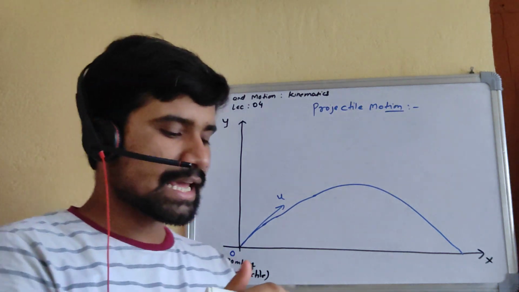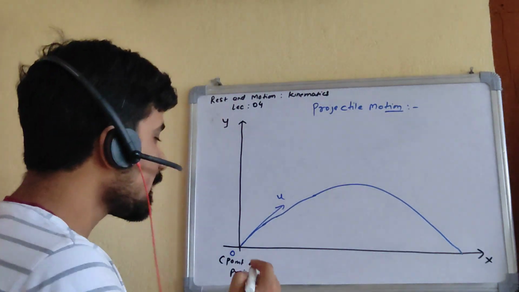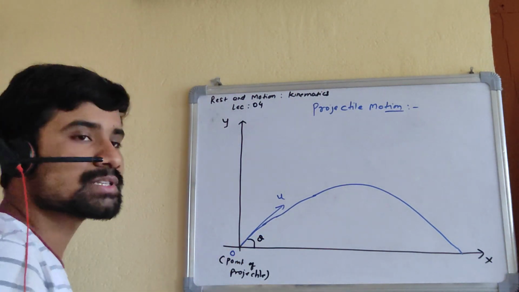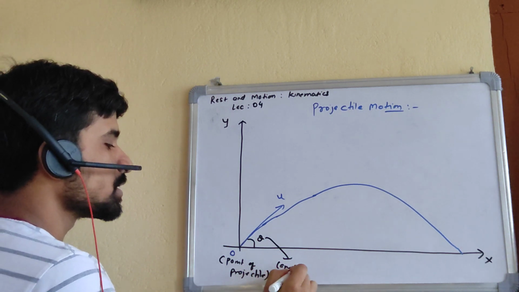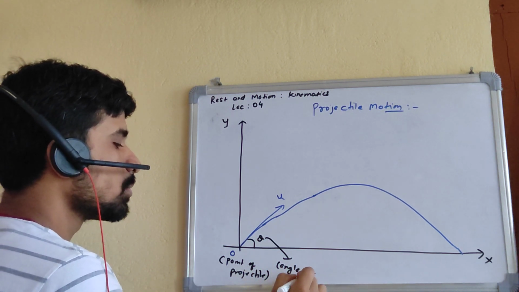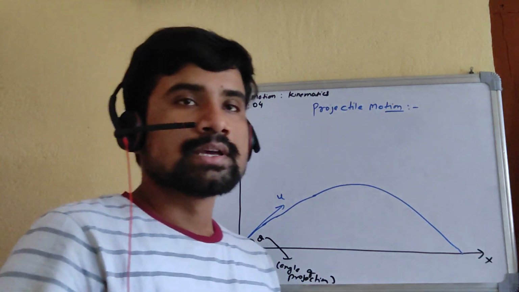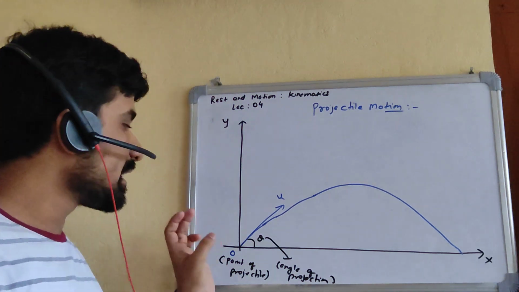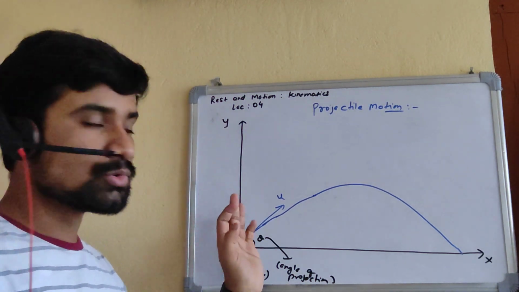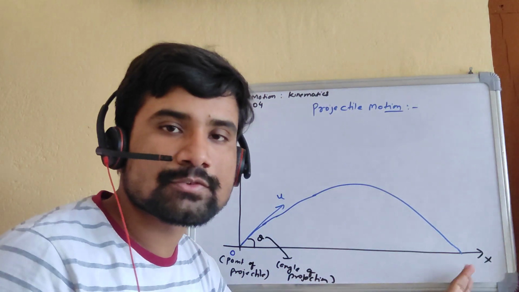Now this projection has been made obliquely with respect to Earth's surface, at some angle, let's say theta, with respect to Earth's surface. This theta is called the angle of projection. So the projectile is projected from point O obliquely at an angle theta with an initial velocity u, and it follows this path and comes back to the surface of Earth.